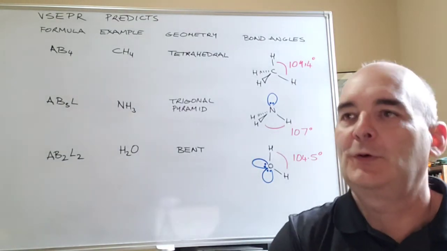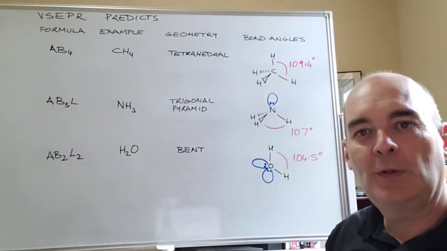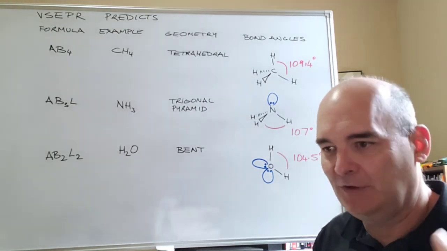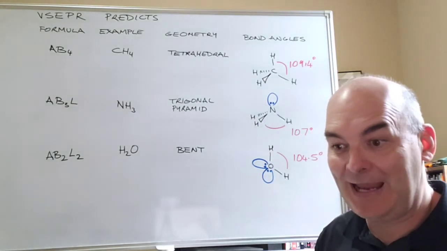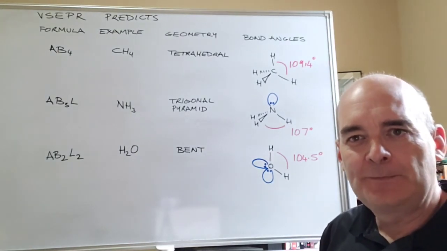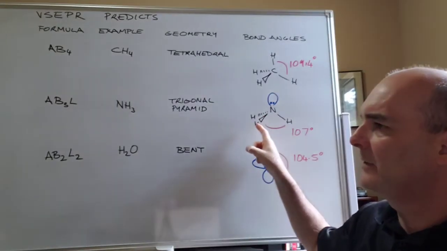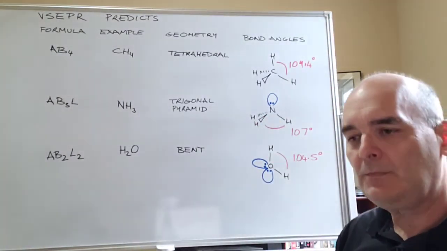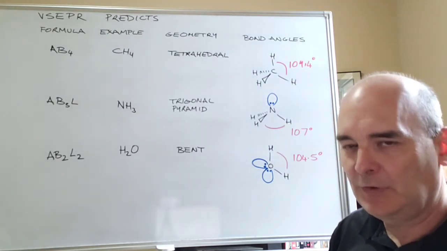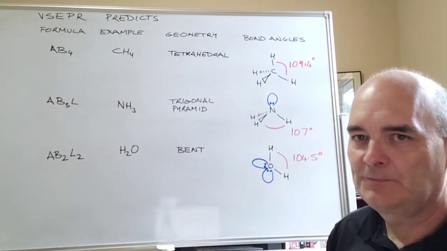Sometimes we put those dots into balloons to show the viewer that it's not just a typo on the page, it's not just a splotch, it's actually something real, and it's occupying space. And when we look at the bond angle between the hydrogens in ammonia, we find out that it is less than 109.4. It's 107 degrees.